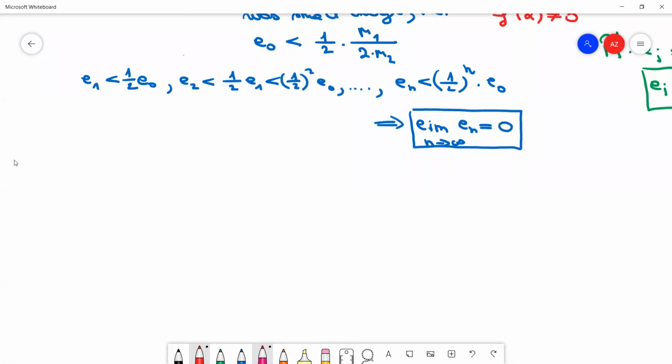And now, how does this method generalize to higher n? So, generalization to higher n and m.